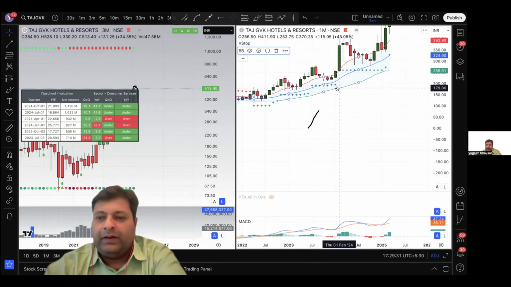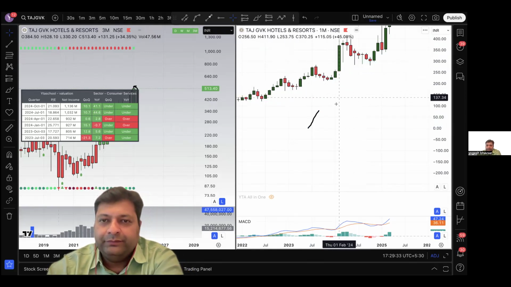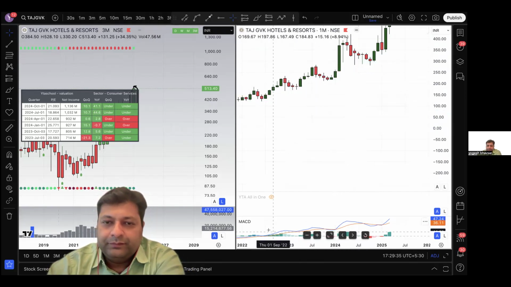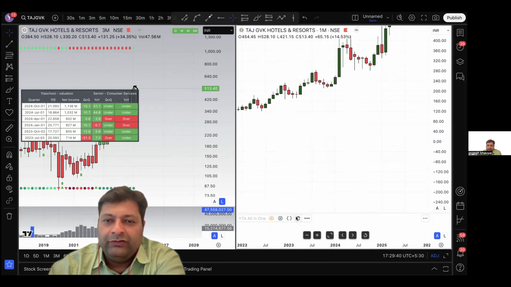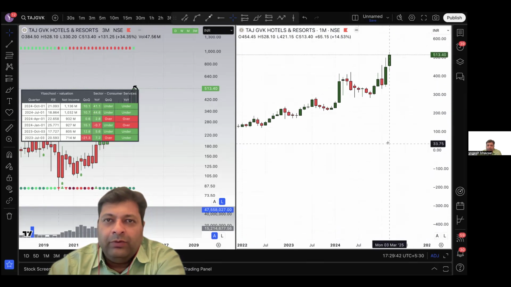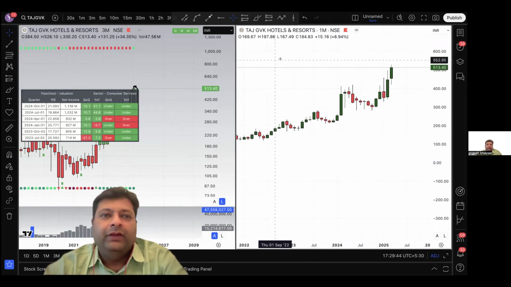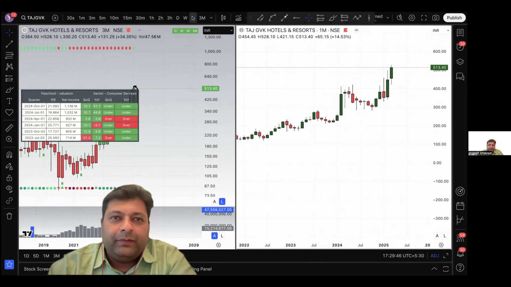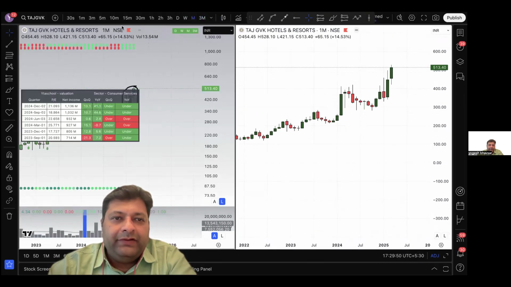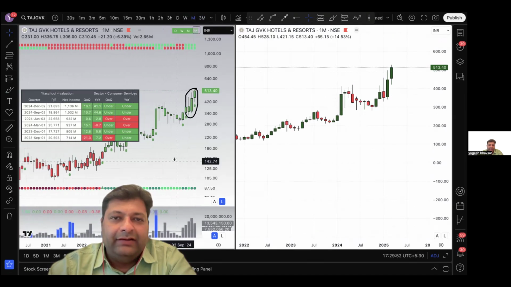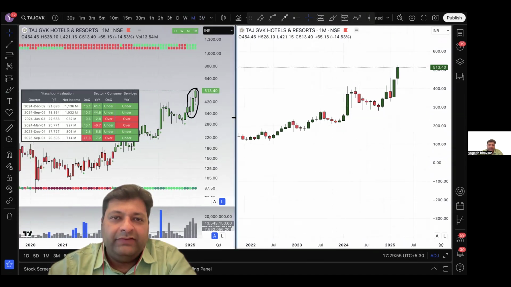I'll just delete all this. A lot of times I keep trying a lot of things, so I keep adding and deleting something. Now, if I compare these candles, this is the same chart as above.